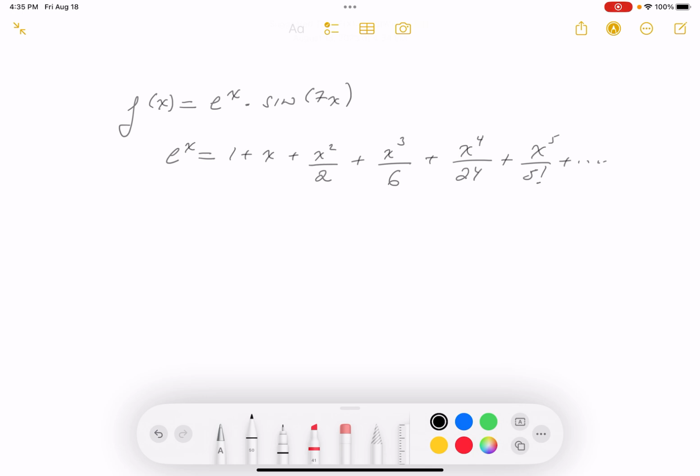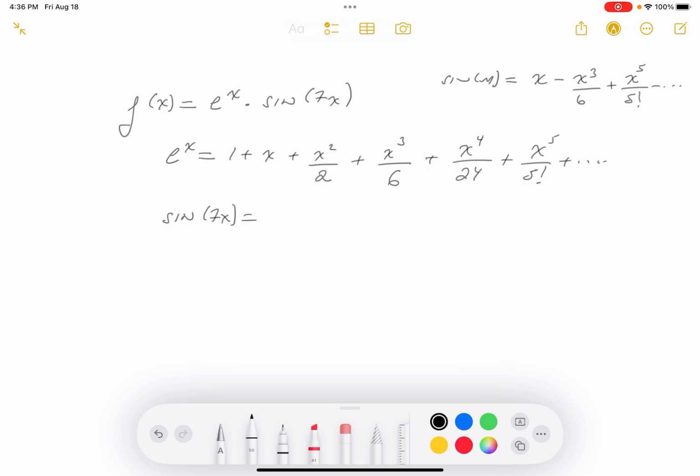All right, let's write down the sine of 7x. And just to remind you, the sine of u is going to be x minus x cubed over 3 factorial. That's 6 plus x to the 5 over 5 factorial. I think you get the idea. It goes on.